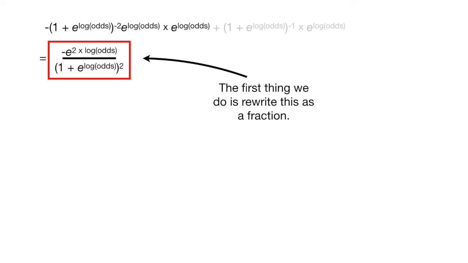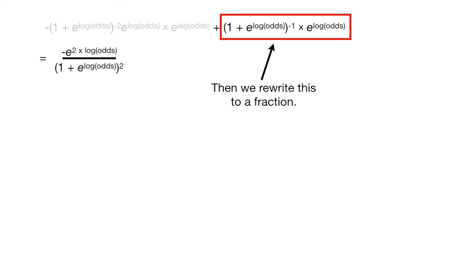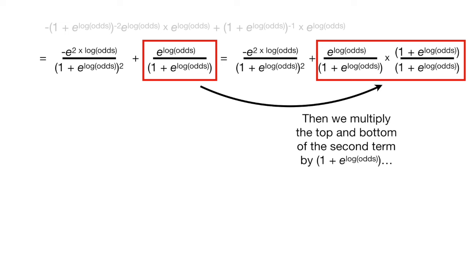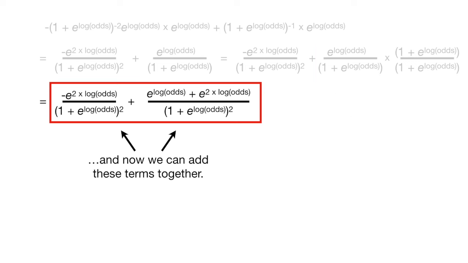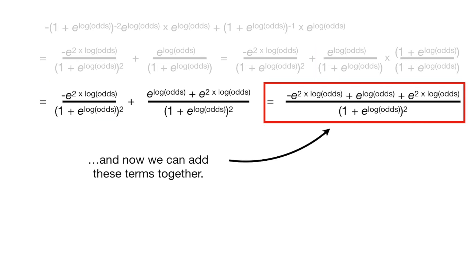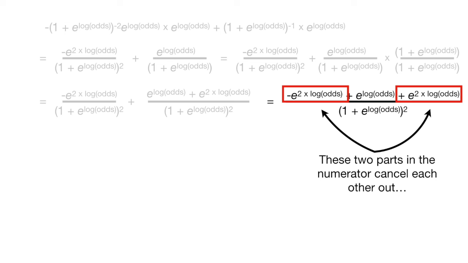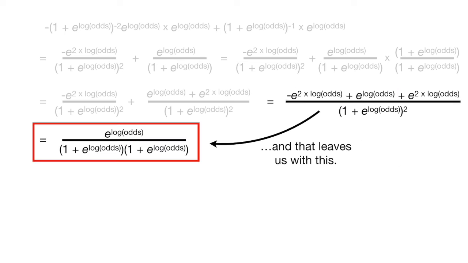The first thing we do is rewrite this as a fraction. Then we rewrite this as a fraction. Then we multiply the top and bottom of the second term by 1 plus e to the log odds. And now we can add these terms together. These two parts in the numerator cancel each other out. And that leaves us with this.